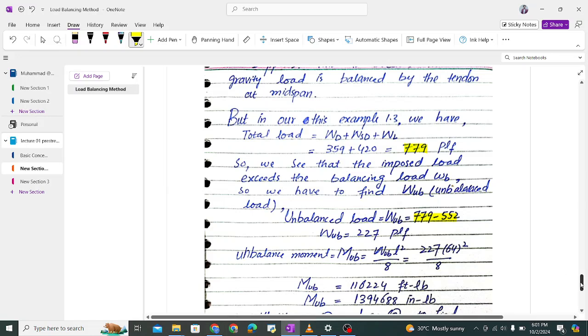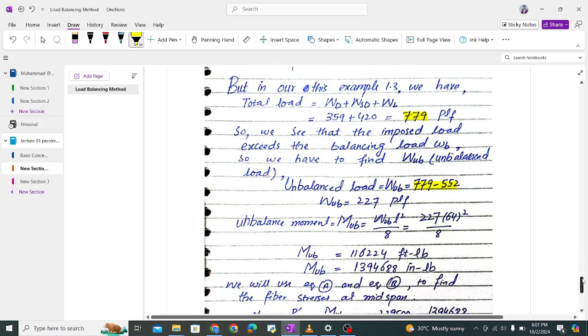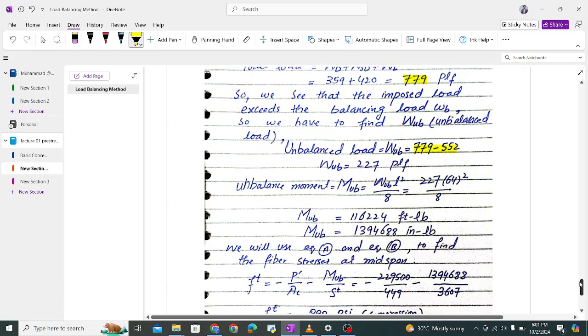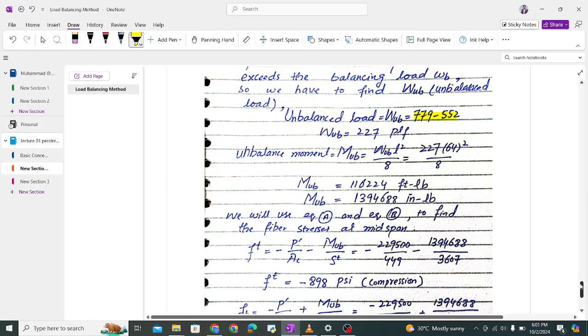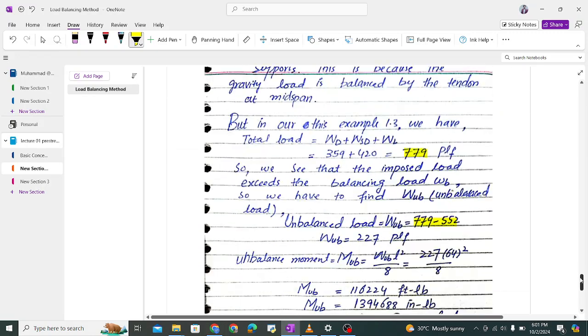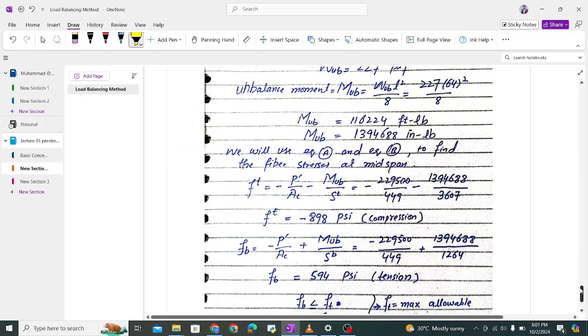From the unbalanced load we calculate the unbalanced moment, as we need the unbalanced moment in our equations. So we have to use equation A and equation B that we previously derived in the load balancing method.